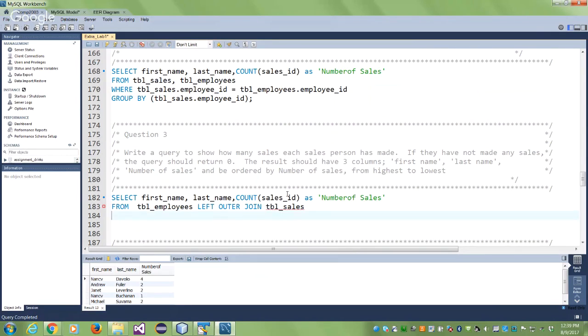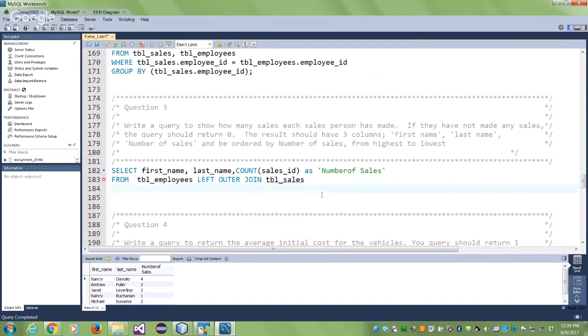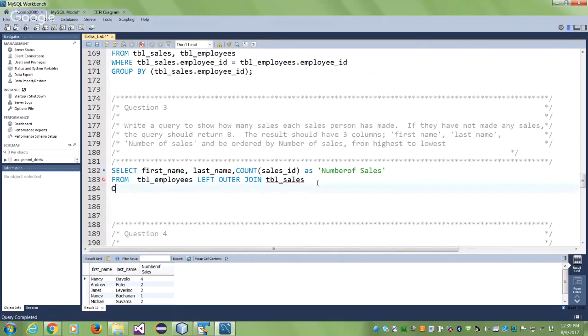So here, every employee is shaking hands with the sales table. Some may have partners, some may not. Doesn't matter. I'm interested in everybody. Let their count be equal to 0. Doesn't really matter. But now the condition to join. The condition to join means what now? They still join on the same condition, even if they don't find a partner.